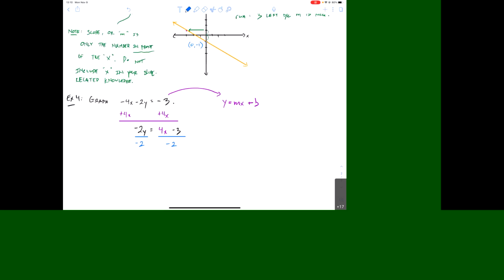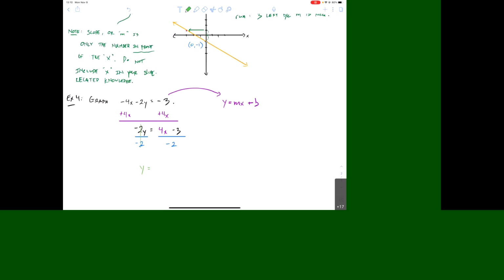Now remember that rule we learned where if you have a single denominator, it splits your fraction. And this is what I was talking about in terms of simplification, right? Obviously, the negative 2's will cancel here on the left, so you're left with just a y.